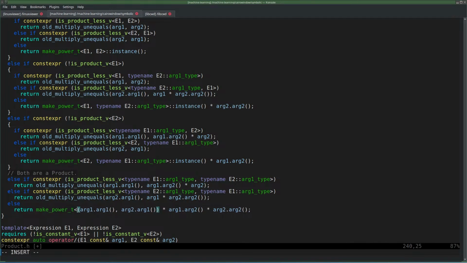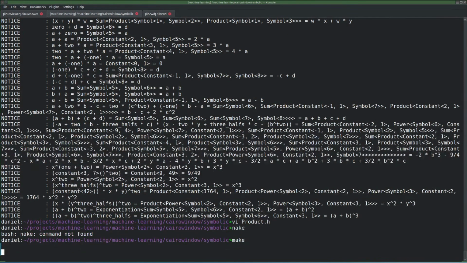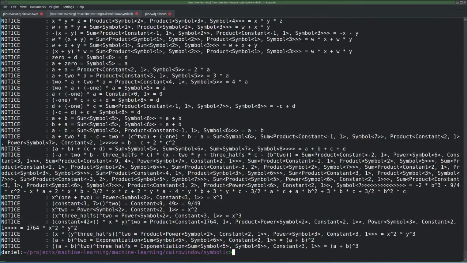Make power T, typename E1, arg1 type, comma, typename E2, arg1 type, instance for now. I think that is still working, right? Totally works.